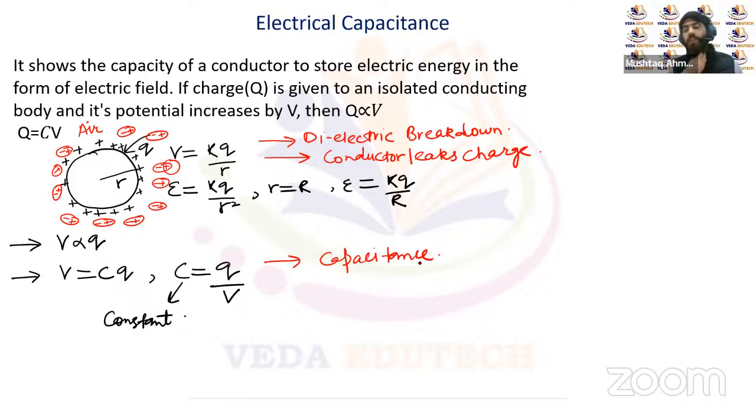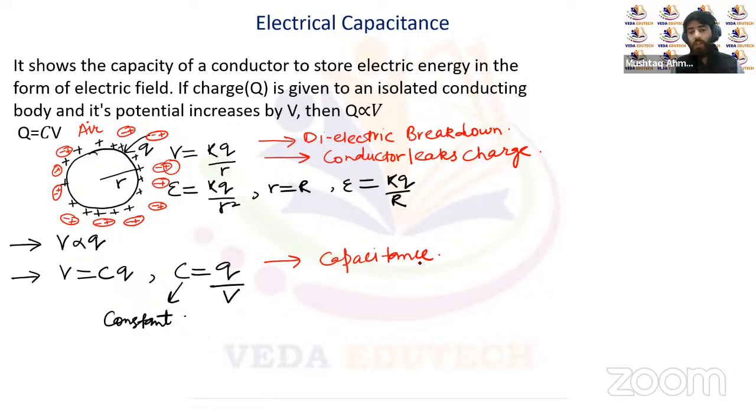There is a very important difference between the maximum charge holding capacity and the capacitance of a conductor. The maximum charge that a conductor can hold on its surface depends upon the external medium, and also upon the size and shape of the conductor, right?